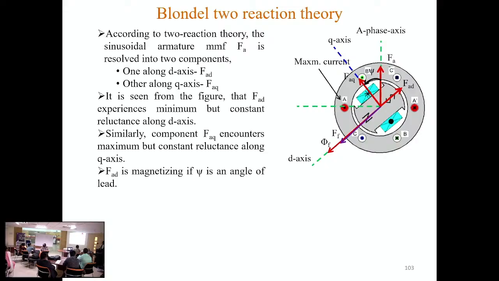If it is a purely lagging load, it will be demagnetizing, and in case of a unity power factor load, it is simply cross magnetizing, which will distort the waveform. So the angle psi is the angle of the load. Here it is considered as the angle between EF and IA. Like the previous case, we have ignored the impedance drop.